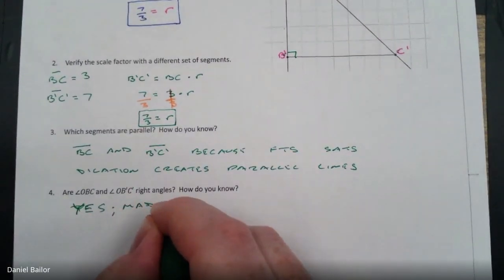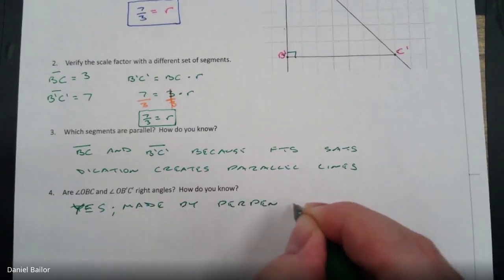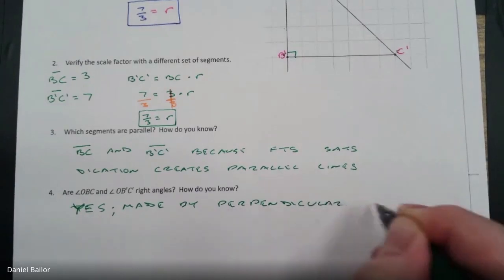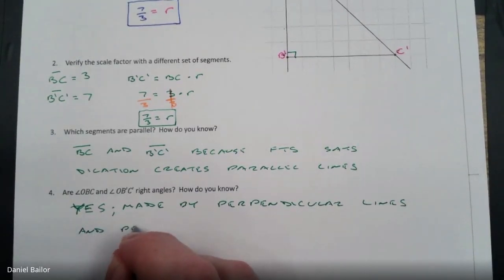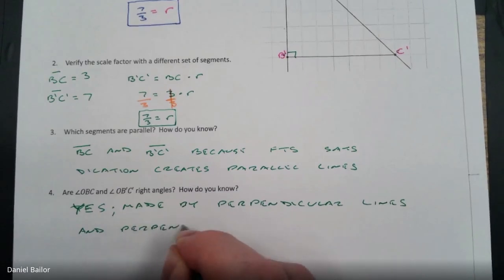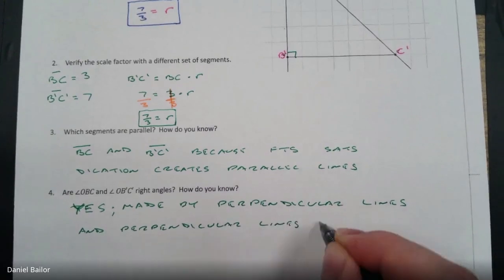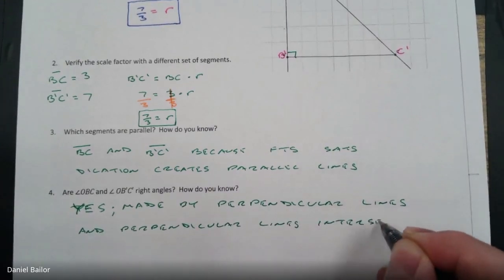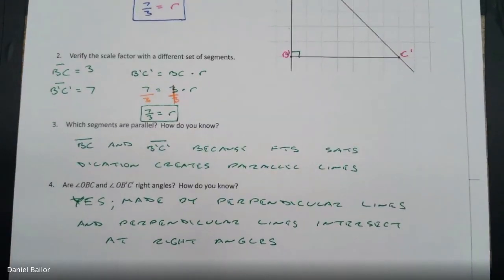They are made by perpendicular lines, and perpendicular lines intersect at right angles.